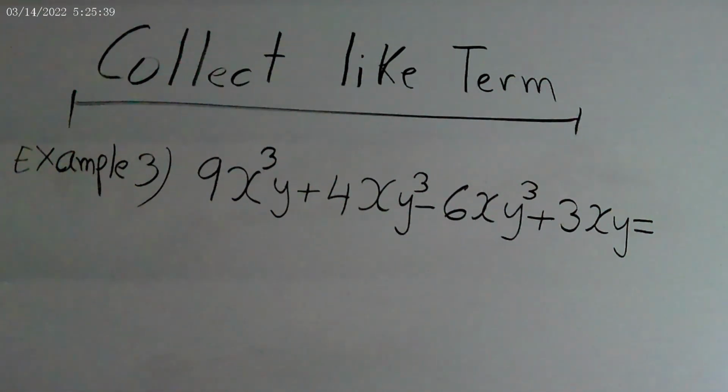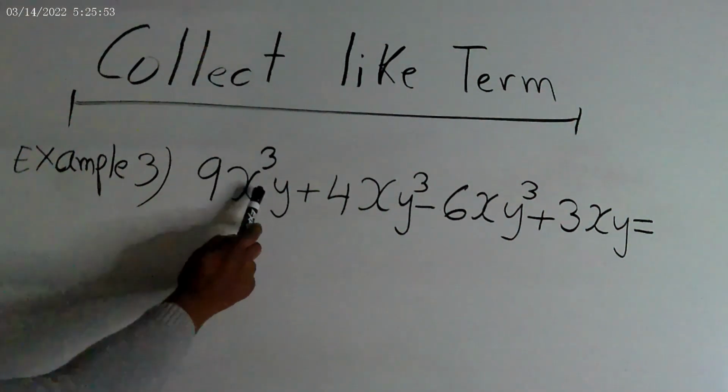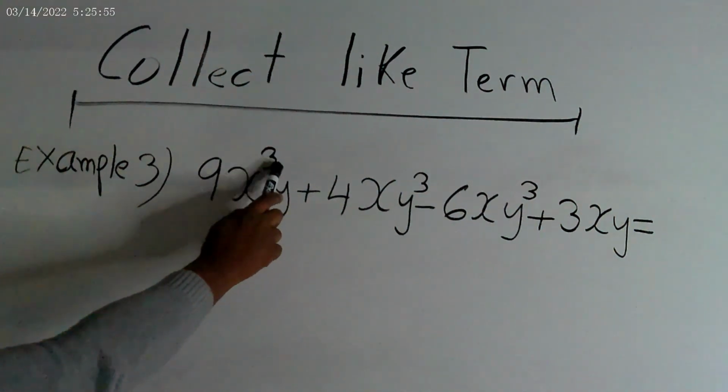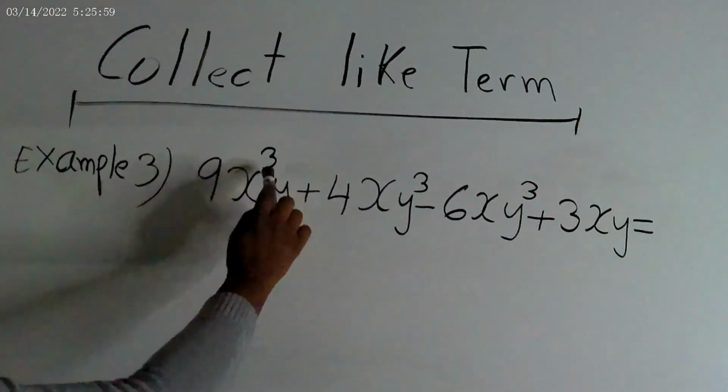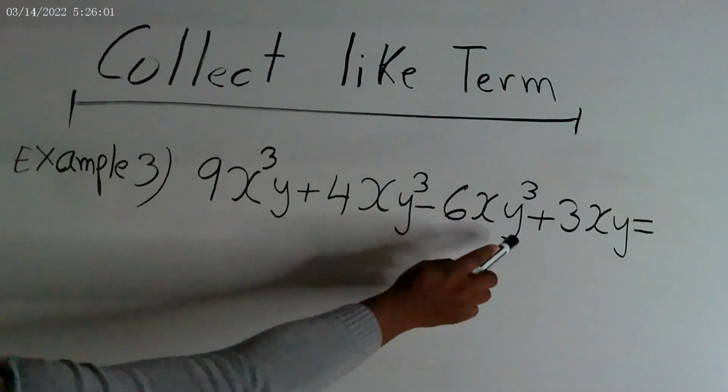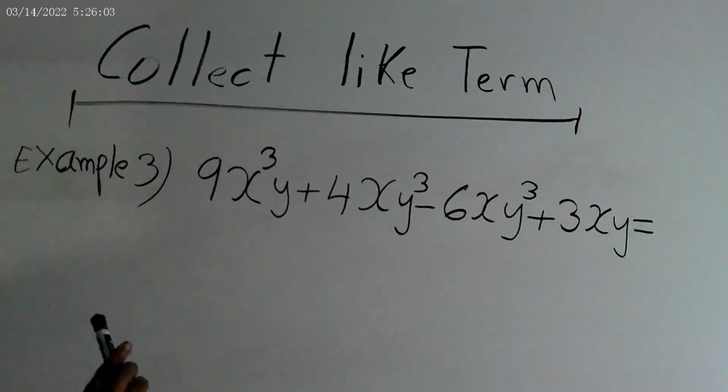So now we're going to look at which term has the same exponent. Right here you have 9x cubed y. Do you have something with x cubed? No. So we're going to keep this just like it is.